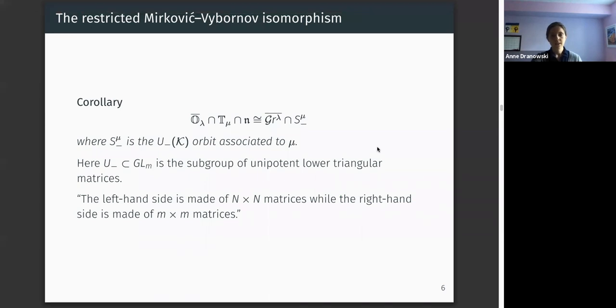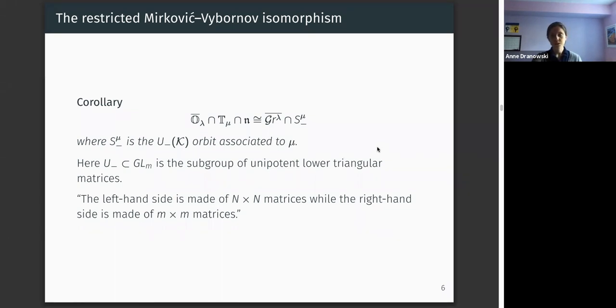And yeah, I just want to highlight that on the left-hand side, we have n by n matrices, whereas on the right-hand side, we can also view representatives of elements of the Grassmannian belonging to this slice as matrices, not just as lattices, but they're going to have a different size. And that size is fixed. It depends on the group that we fixed, GL M. Whereas on the left, we do have a fixed M that's also dependent on the group.